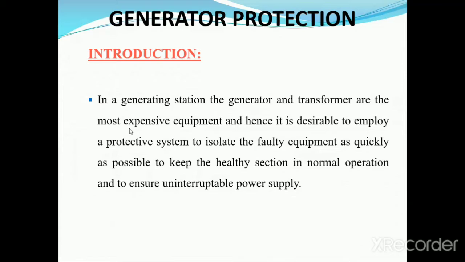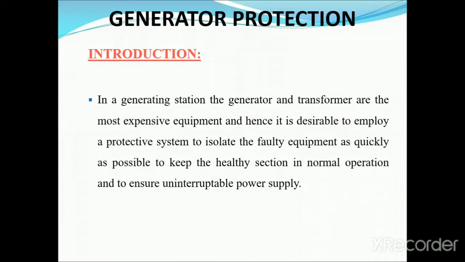That means either generating stations, distribution systems or transmission systems, each and every system has the generators and the transformers. In each and every system, the generators and transformers are the most expensive equipments.